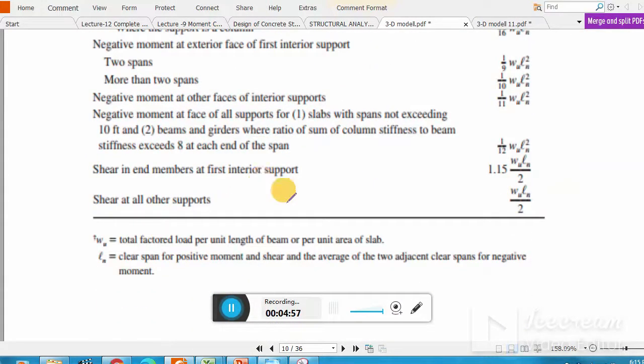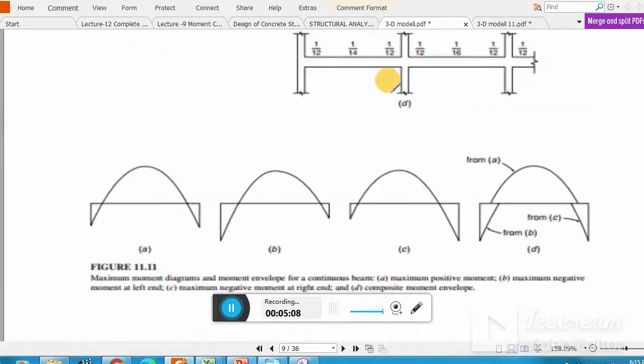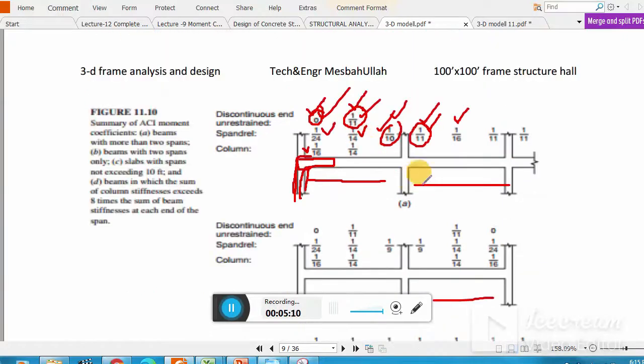And for shear basically these coefficients work like the moments. For shear, you see shear in end members at first interior support. Remember, this is very important. This is first interior support, and at the face, at the first interior support at exterior face, the shear will be 1.15, you can say 15% more than the shear at this face.